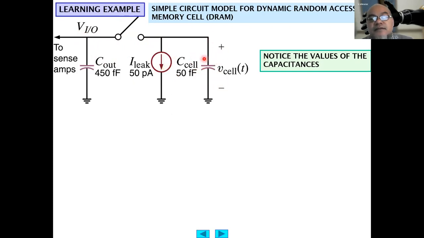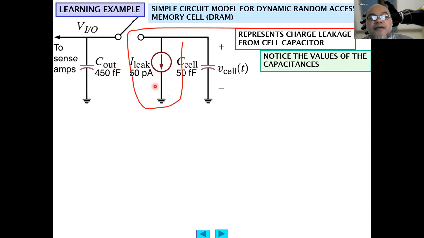The capacitance of the memory cell has a value of 50 femtofarad. This is the voltage of the cell. The capacitance out is 450 femtofarad, and then this is to sense the amplifier. Here, notice the value of the capacitance. Here it is very small, and this is a little bit larger.